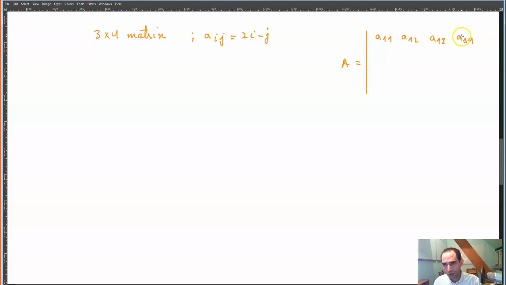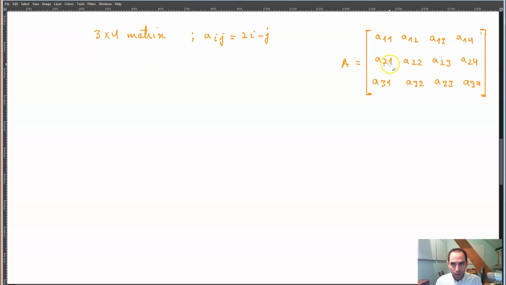You have 4 columns. And A of 2, 1, A of 2, 2, A of 2, 3, and A of 2, 4. And A of 3, 1, A of 3, 2, A of 3, 3, and A of 3, 4. And so now you have 3 rows and 4 columns, right?